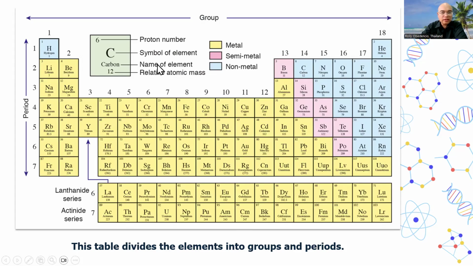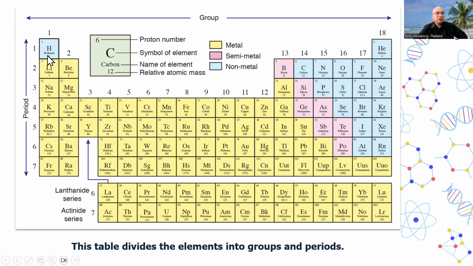I want you to understand that each element here, like this example, the carbon, has some information inside: the symbol of the element, carbon, and we have 6. It means it has 6 proton number, and we have the 12, the relative atomic mass.